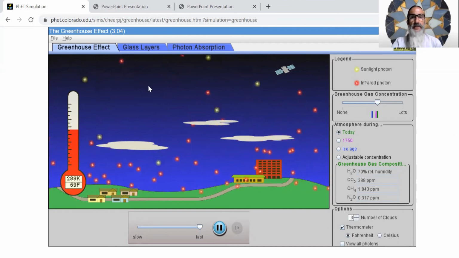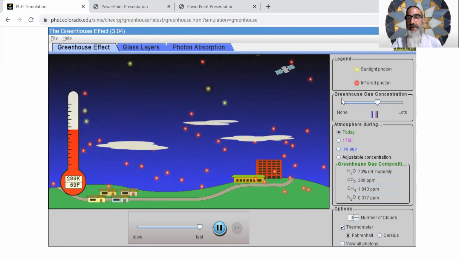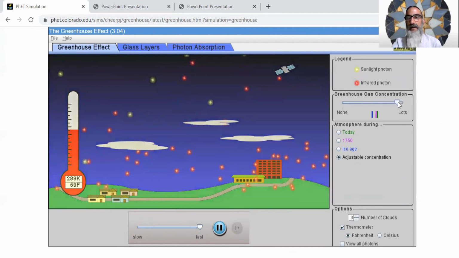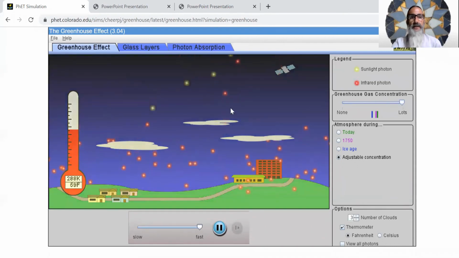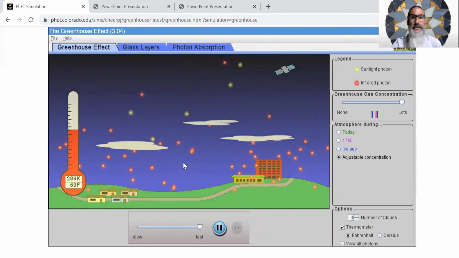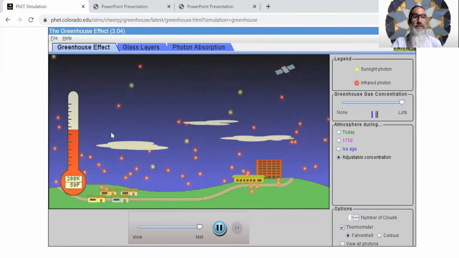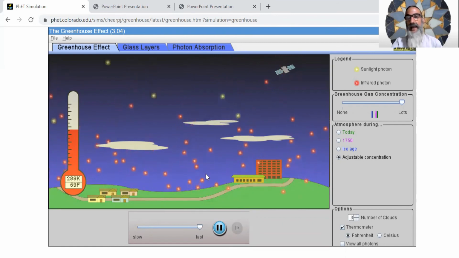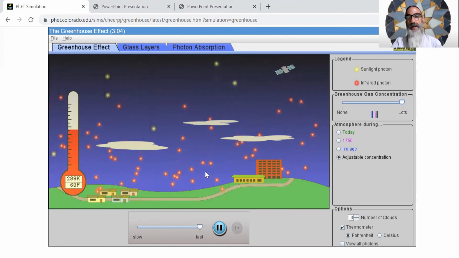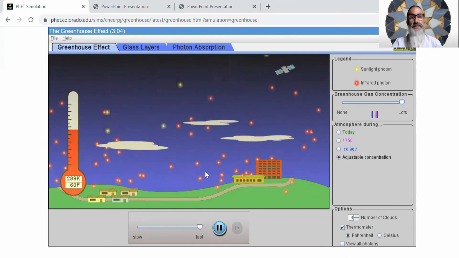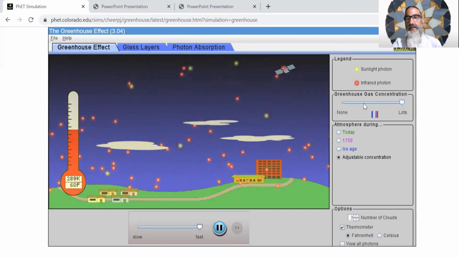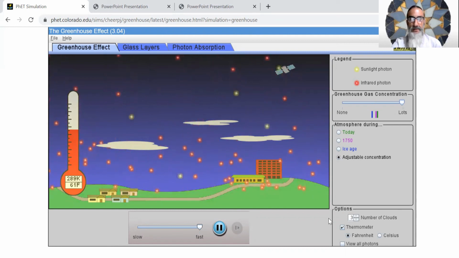And in this simulation, we also have a concentration of greenhouse gases. We can move this bar here, and you can kind of see that it changed. But really, we can't see CO2, carbon dioxide. It's invisible. Okay. But what you should have noticed is that the heat has definitely increased.